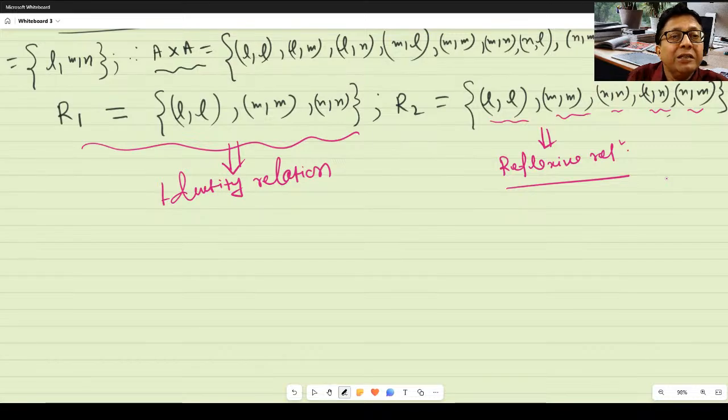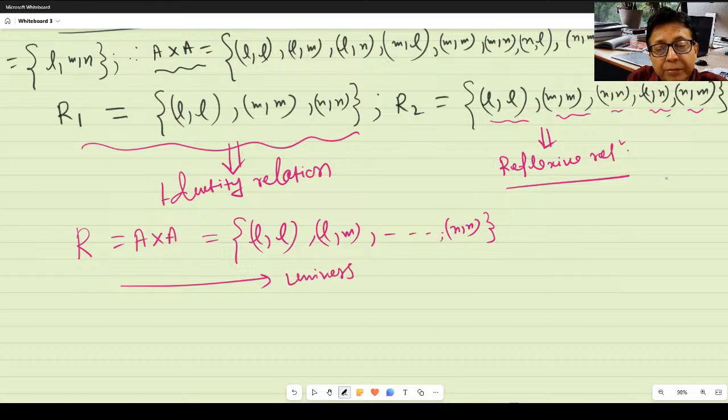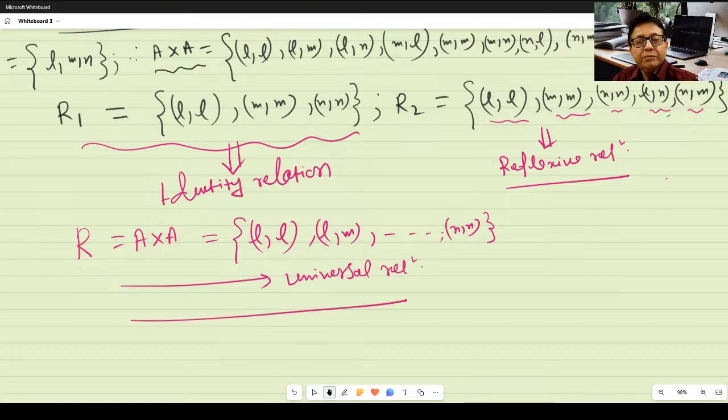Now, if you consider this whole set, say I am taking R equal to A cross A, then this set has a name. I am not writing all the elements again. This has a name which is known as universal relation. Why?